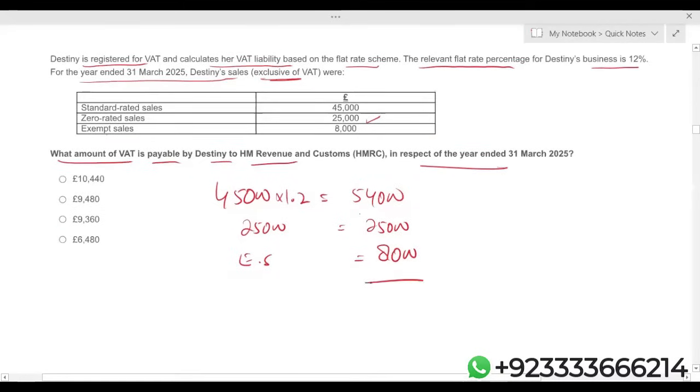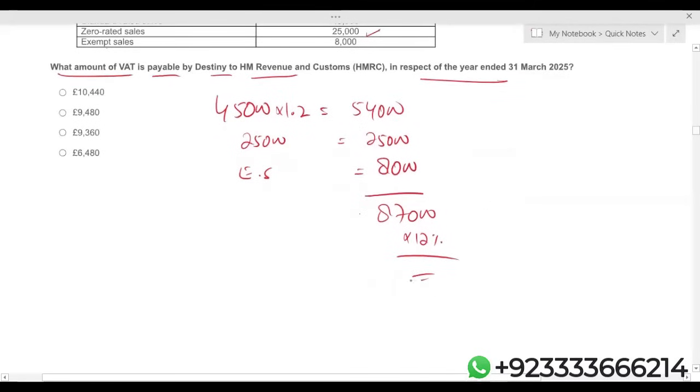So here becomes your total sales, standard, zero rated and exempt, VAT inclusive. I'm getting 87,000. So simply 12% of that will be your VAT payable. I'm getting 10,440.